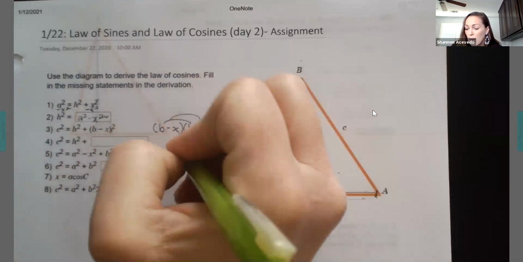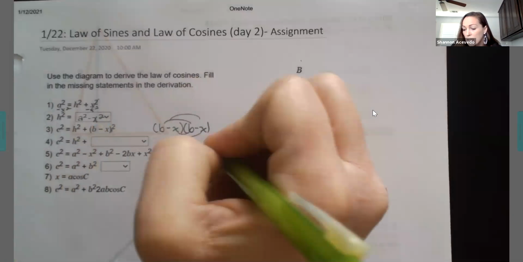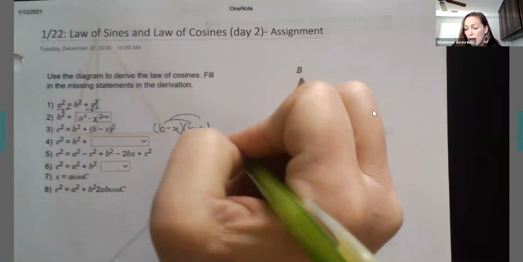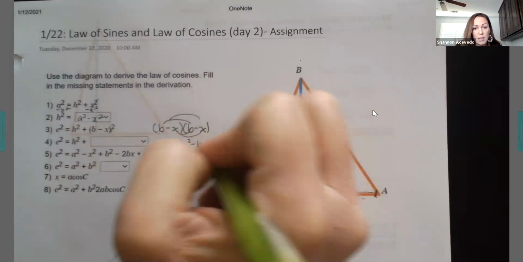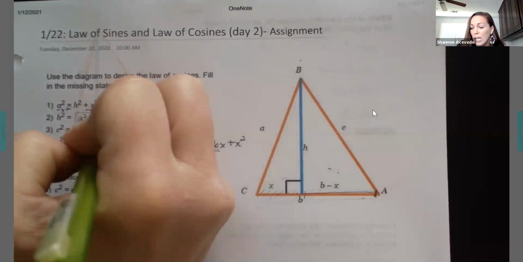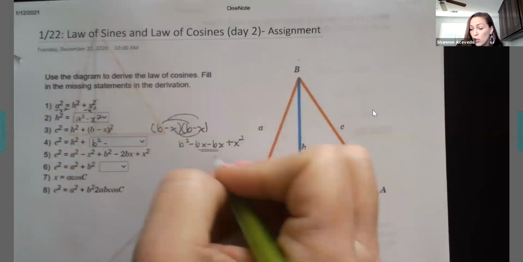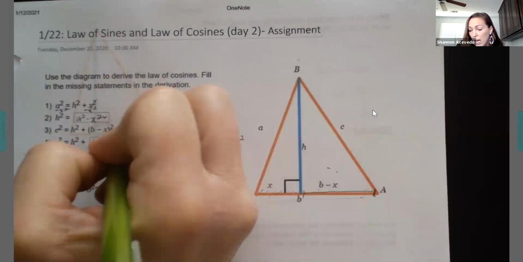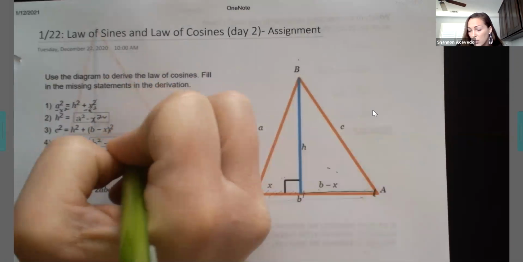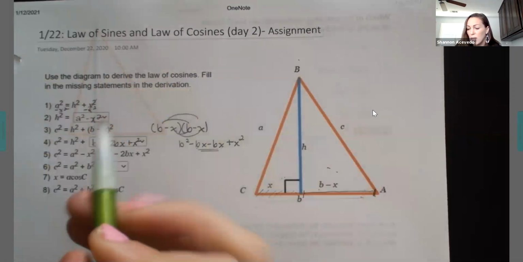And when I do that, I would get b squared minus bx minus another bx and plus an x squared. And these two can be combined. So what they're looking for in this piece is it distributed out. So b squared minus there's 2 bx's plus my h squared. So you can see how this is now this piece.